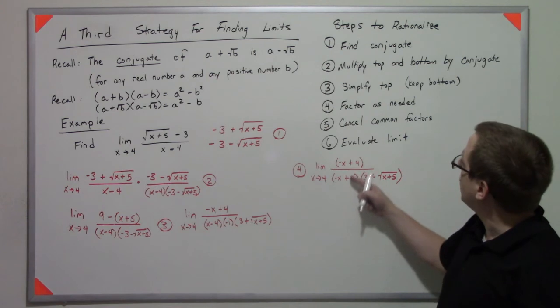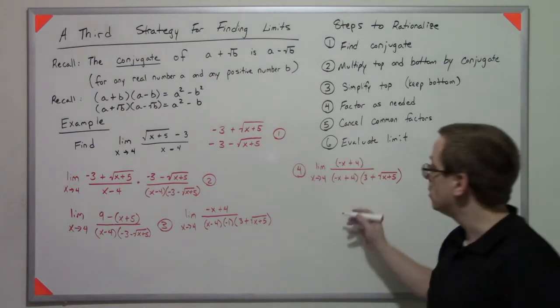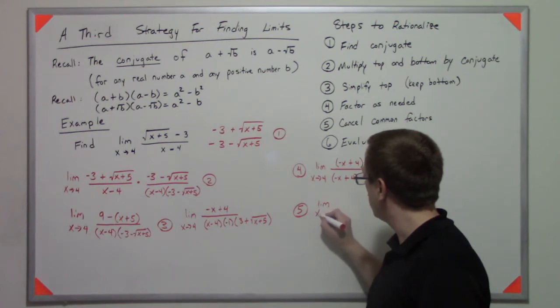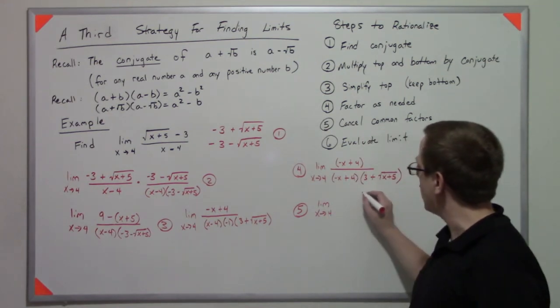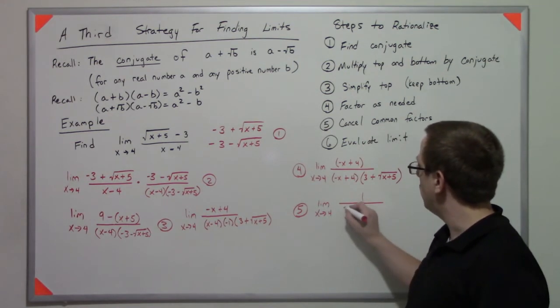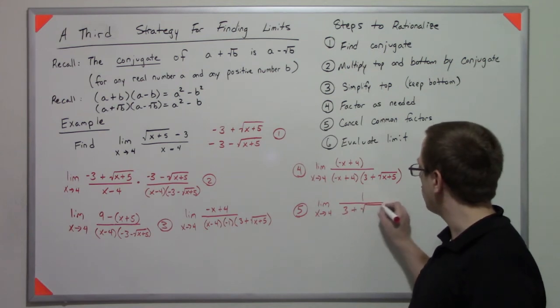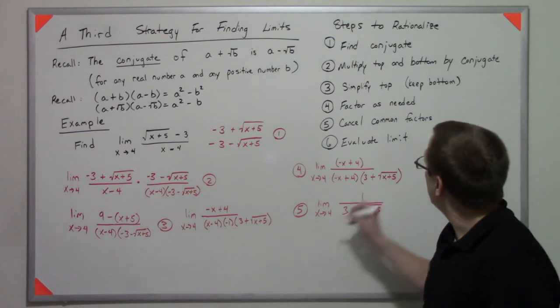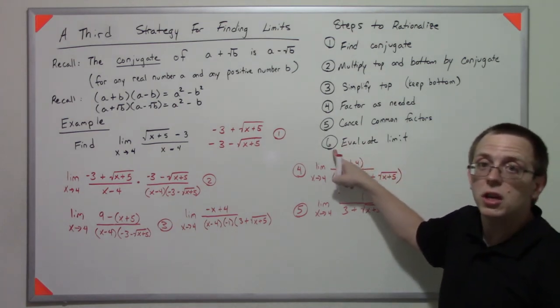Well, now I can cancel the common factors. I get the limit as x approaches 4 of 1 over 3 plus the square root of x plus 5. And then I really just can evaluate the limit.